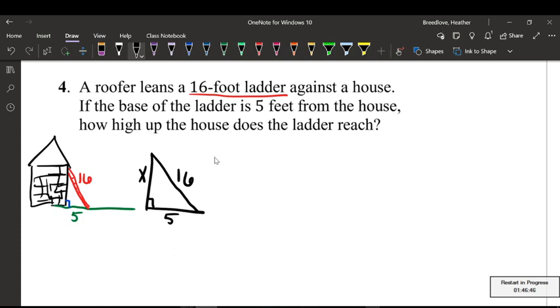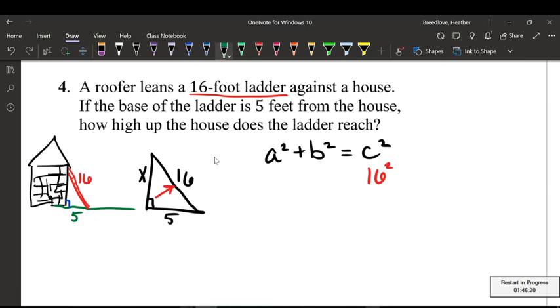And now I have a right triangle with a missing side, so I can set this up using Pythagorean Theorem. A squared plus b squared equals c squared. And I know that C is always across from 90 degrees. So 16 is C. I have a side that is 5.